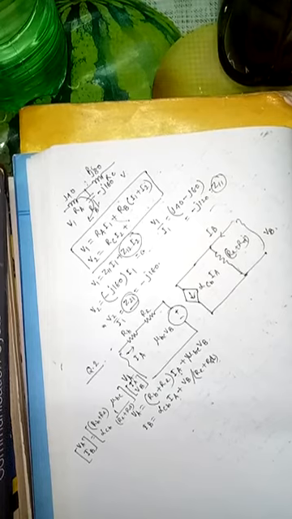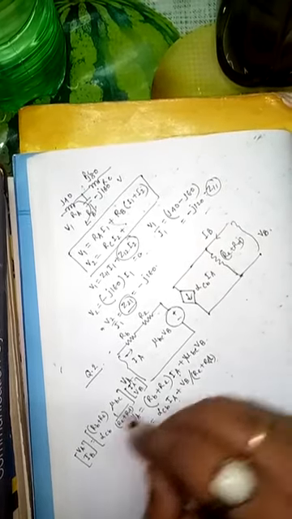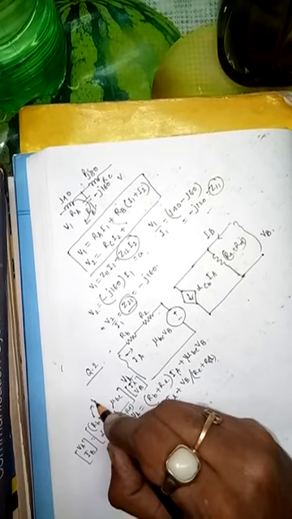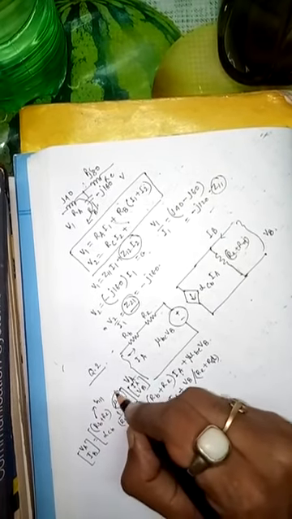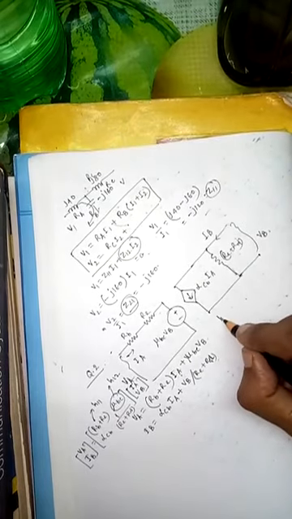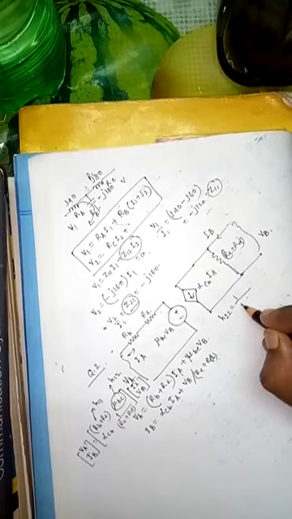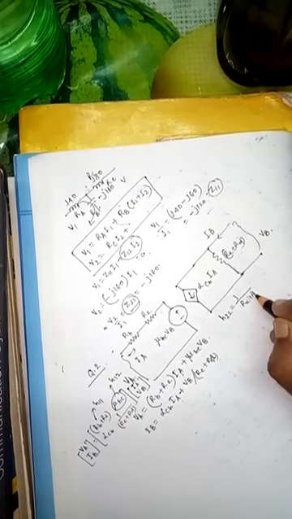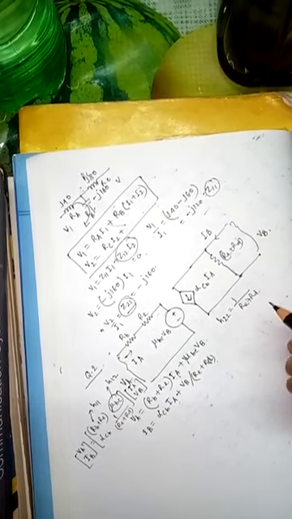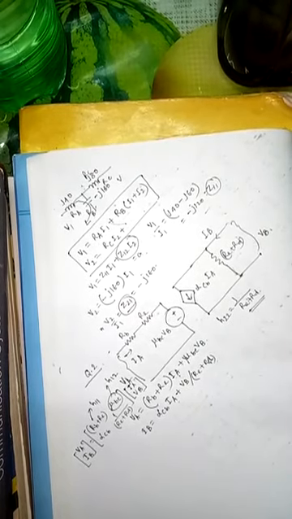So it is just like a two-port matrix. Therefore this is H11, this is H12, and H22 equals 1 by RE plus RD. So it can be solved this way.